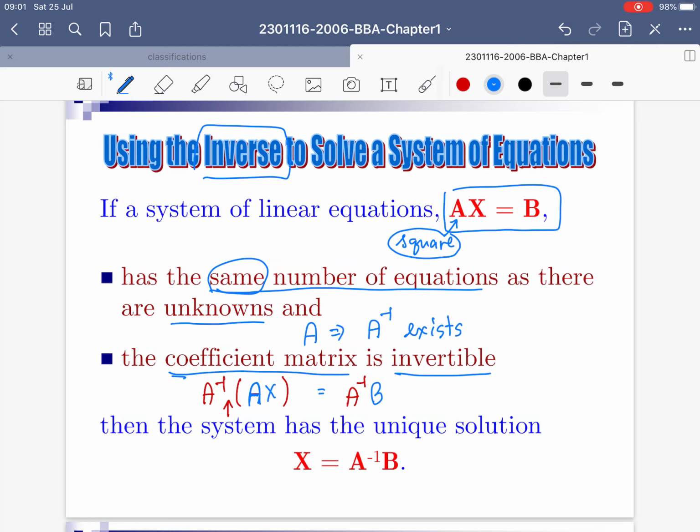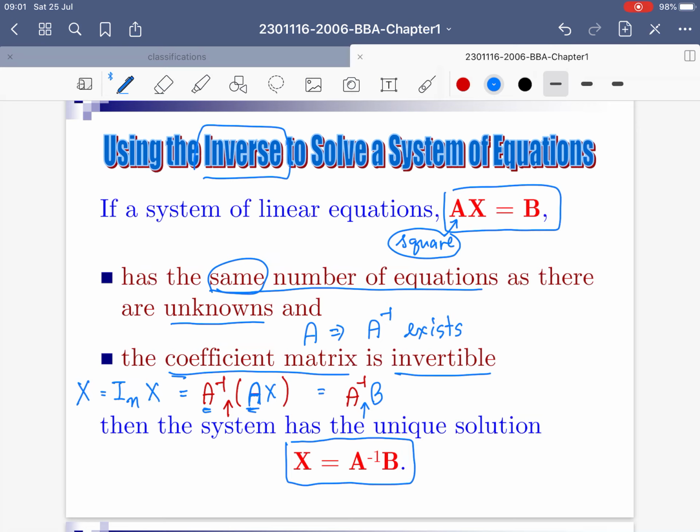You need to have your A inverse attached to your A in order to go back to the identity. You cannot switch anything. And this one as well, you need to put the A inverse on the left of your B. And this one becomes just the X after you multiply by the identity. So your solution is simply X equals A inverse multiplied by B.